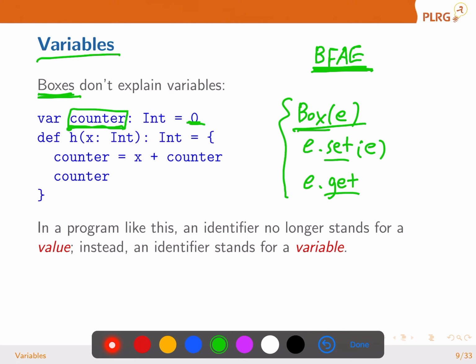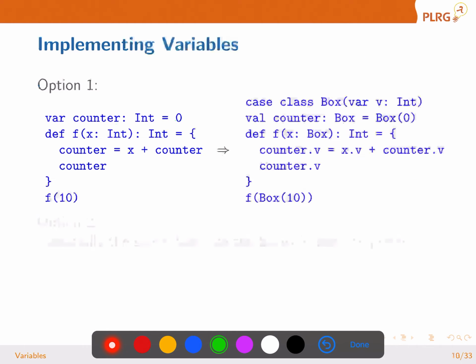They do not change the value of this name. In a program like this, an identifier no longer stands for a value. An identifier's value is not fixed to that initial value, but it stands for a variable, meaning its value keeps changing. Let's look at this example.